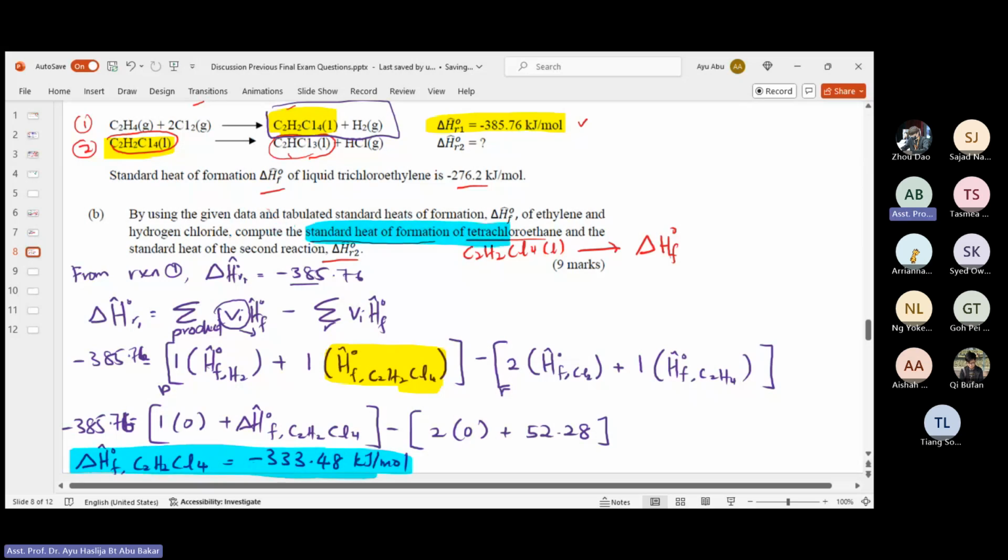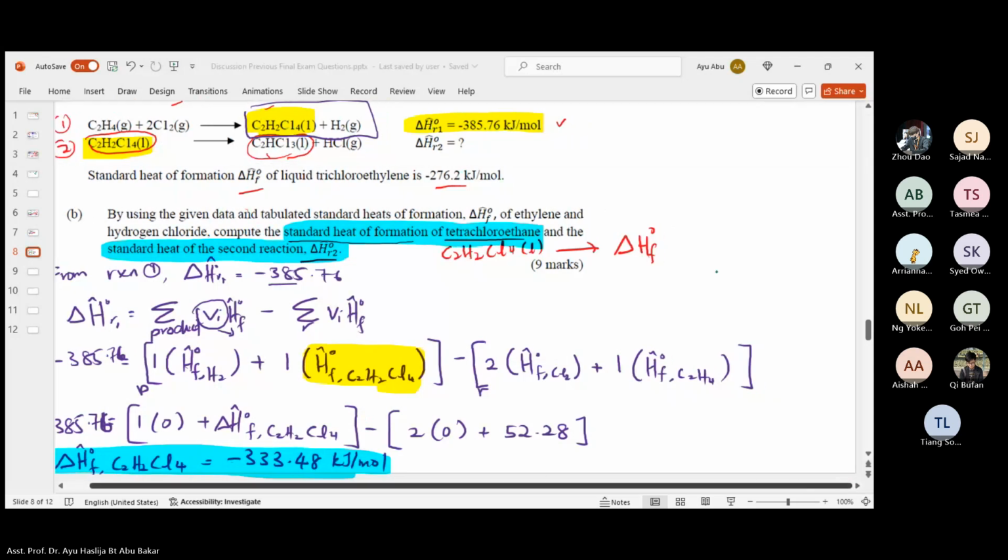Now, you need to find the standard heat of the second reaction. Try to find out what is the heat of reaction for reaction number 2.